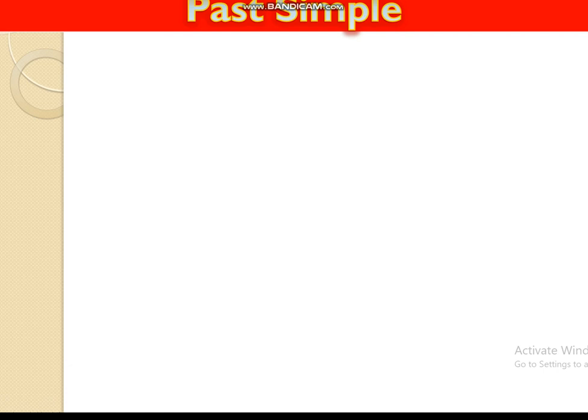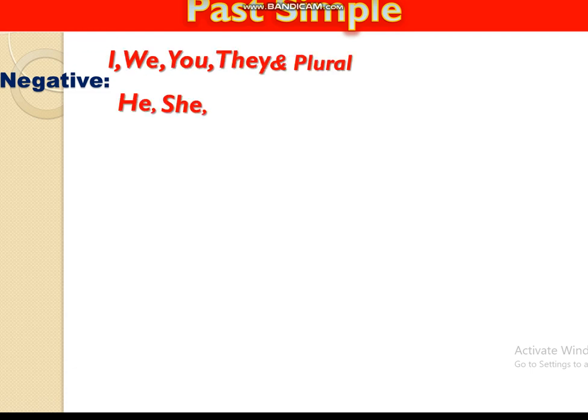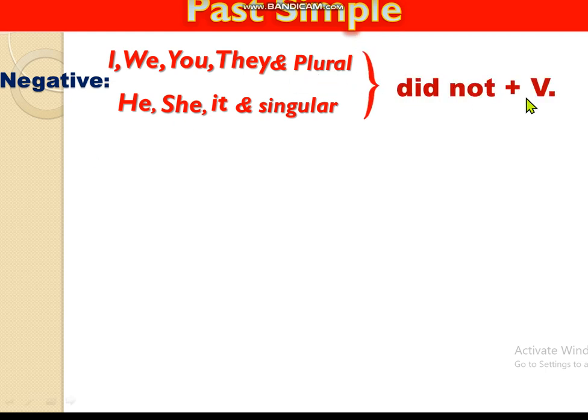Now let's move with the past simple for the negative and question. The negative, as I told you, all the subjects take the same verb, did not, plus the infinitive. Of course, when we have did, the verb goes back to the infinitive, to the stem verb, to the base form.